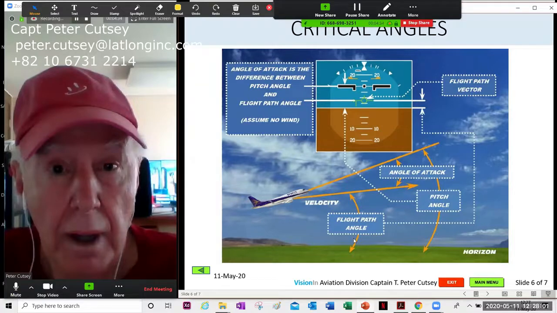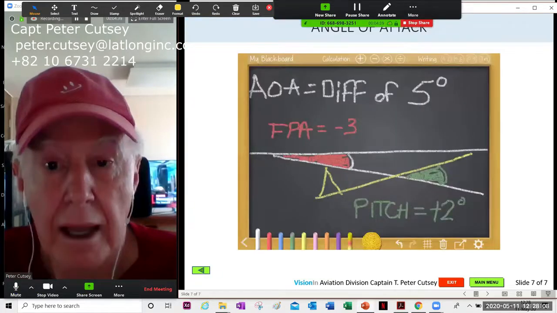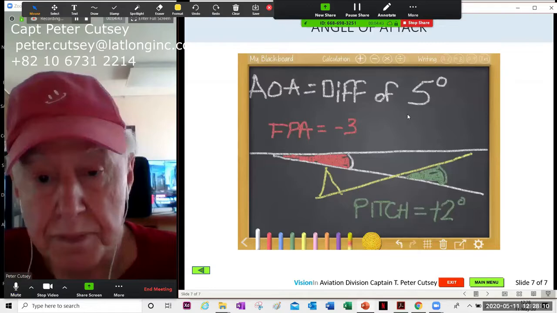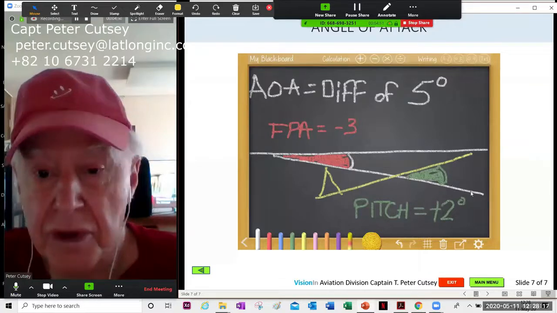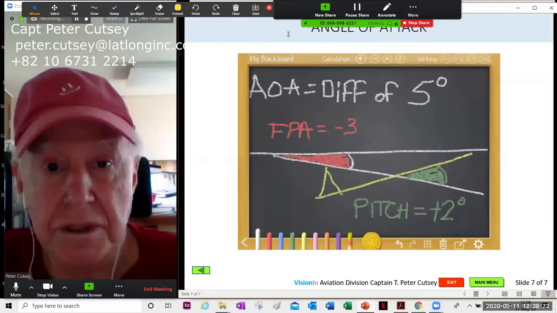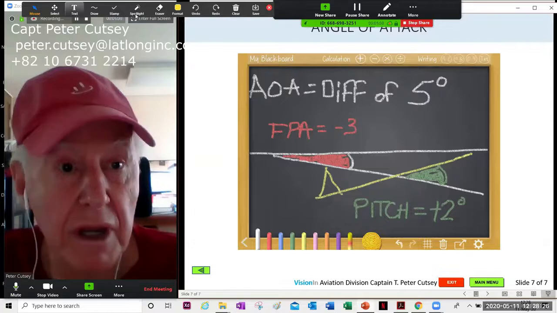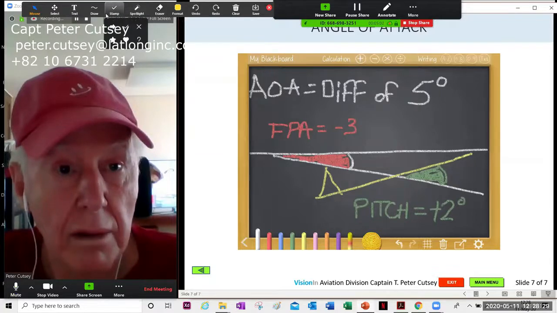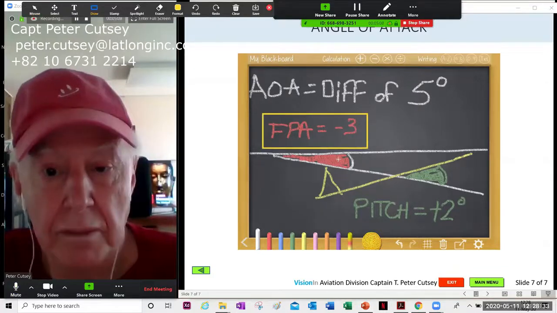Let's have a look at maybe in a very simple way of what we're talking about on approach. On approach, this is your airplane, this is your tail, and this is a 3-degree glide path. It's fixed. You're on an ILS. So your flight path angle is really -3. -3 degrees. There it is here.